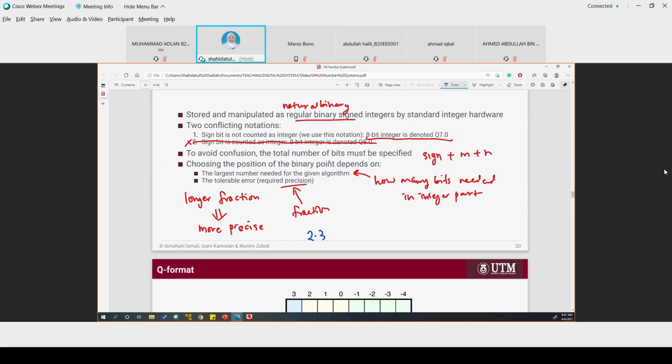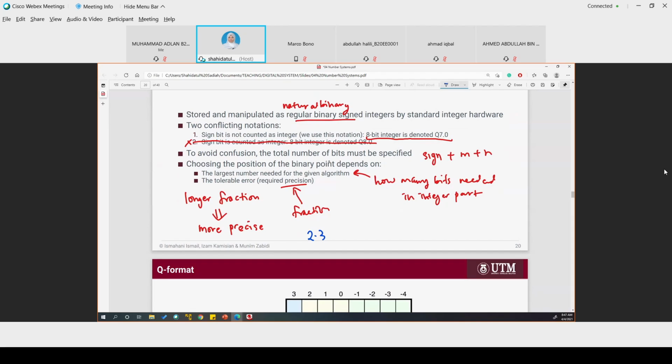But we can have a more precise value if we have a longer fraction part, for example 2.31, or 2.31235. The longer the fraction part, the more precise your value is. All right.